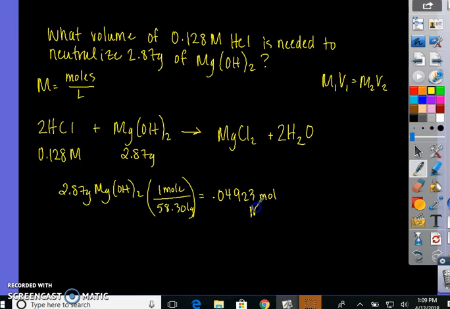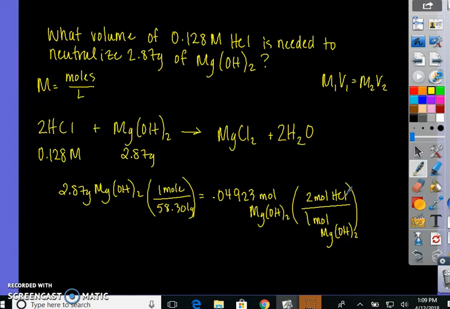So now I'm in moles of magnesium hydroxide, and I can go to moles of hydrochloric acid that's in the equation. So for every 1 mole of magnesium hydroxide, I have 2 moles of HCl. Okay, so you've seen this for the last couple of days.